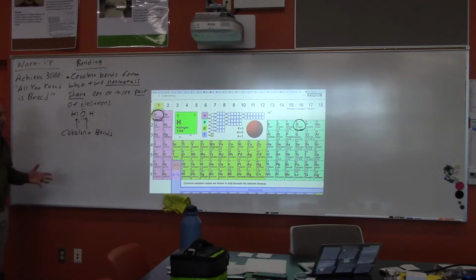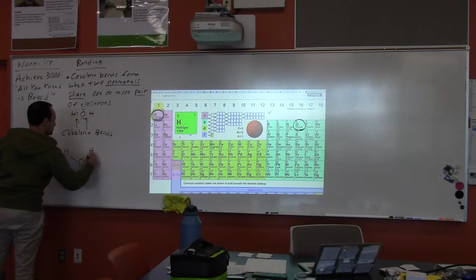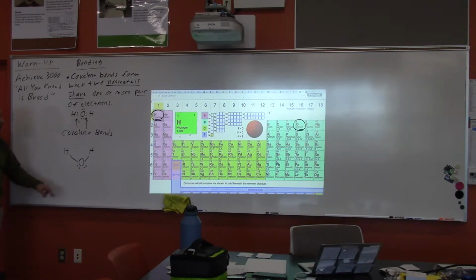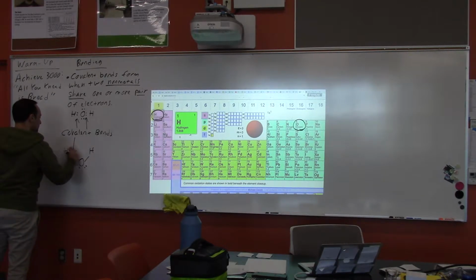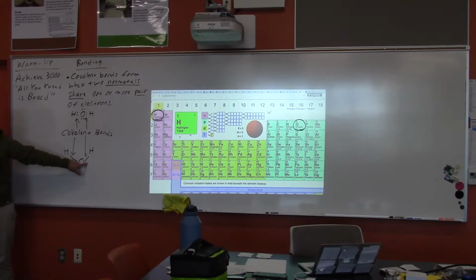And they can also be drawn in a different way. I can actually draw water like this, HOH, with the lone pair shown here, okay? And again, these are the covalent bonds. Now they're represented not by two dots, but by a single line.